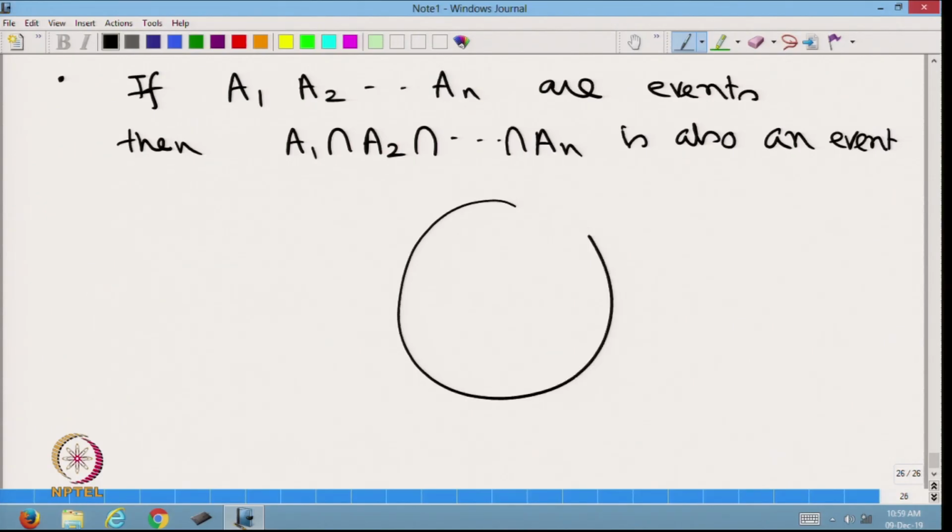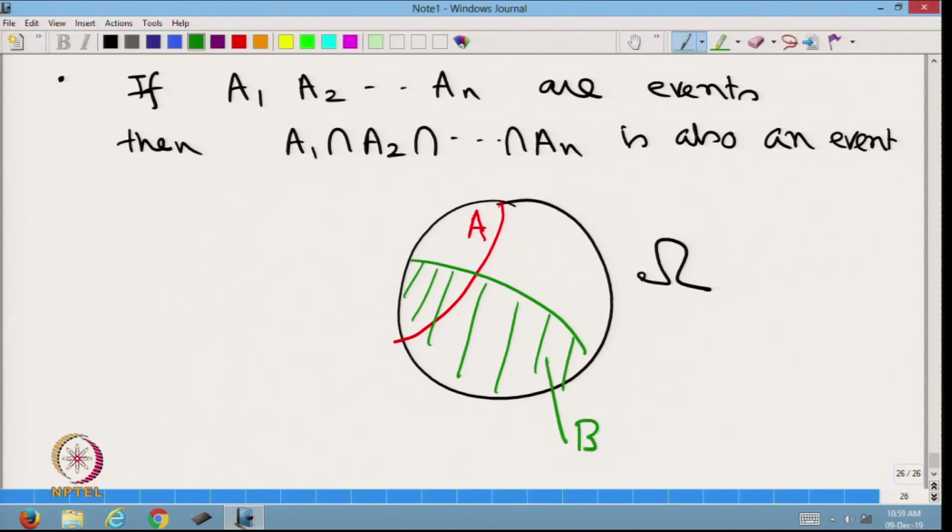For example, suppose this is my omega and this is the event A, this is my event B, and this is the event C. Then consider this part, which is A intersection B intersection C, and therefore this can be an event, because it is a subset of omega.